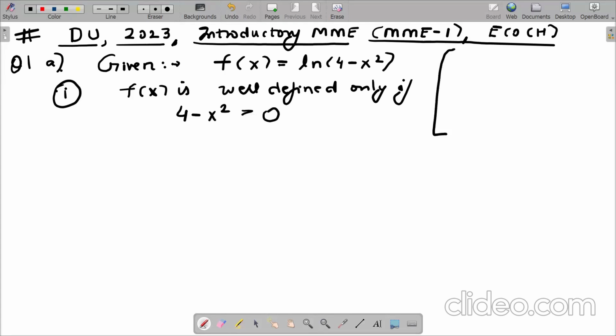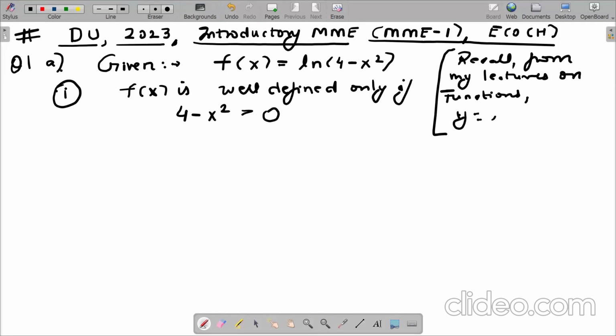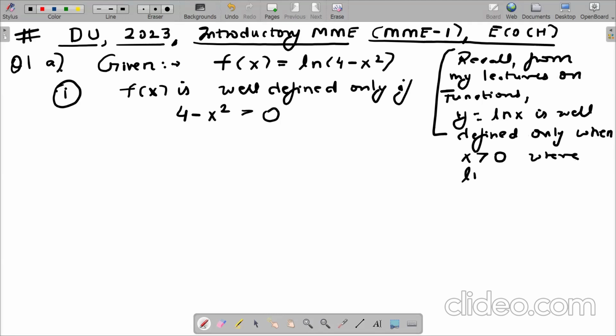Remember, all students can recall this from my lectures. Recall from my lectures on functions that y equal to ln x is well defined, where ln denotes the natural logarithm, only when x is strictly greater than 0.